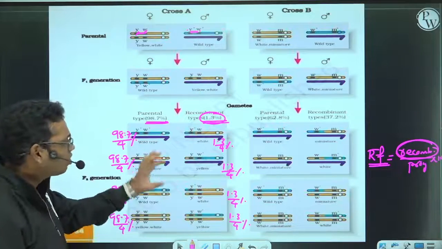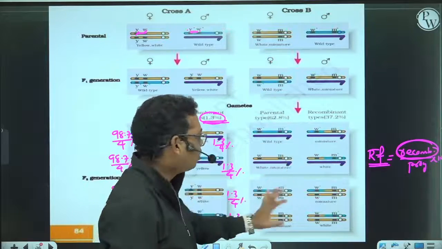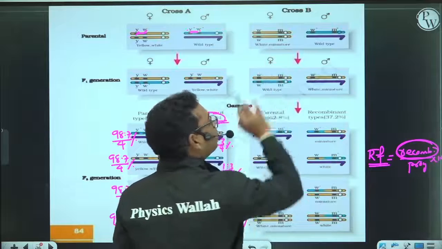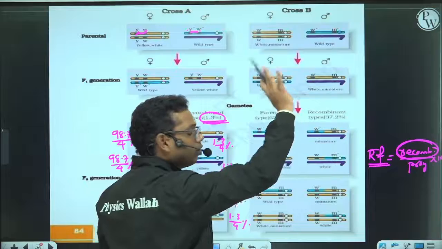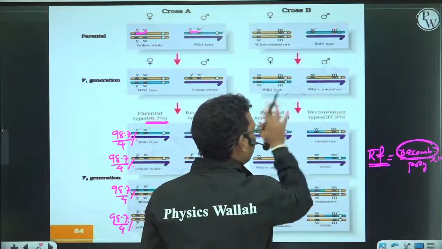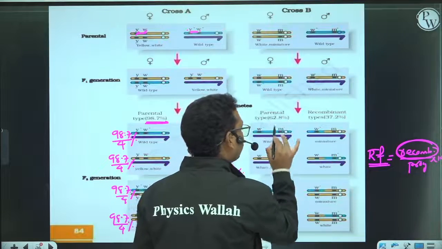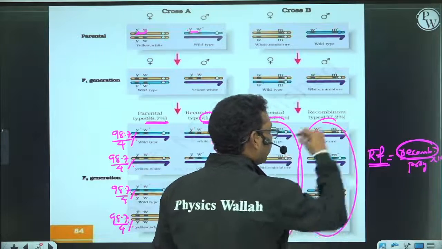Okay, in the same way, cross B is happening. Here white eye and miniature wing, and here red eye and normal wing are taken. This is the F1 generation and this is the F2 generation. These are the parental types and these are the recombinant types.